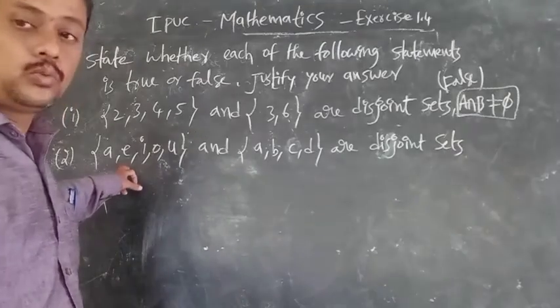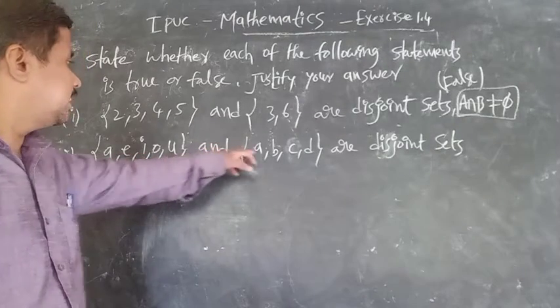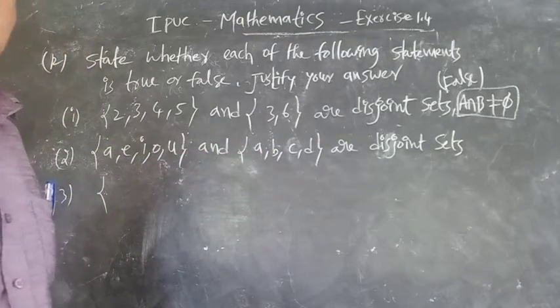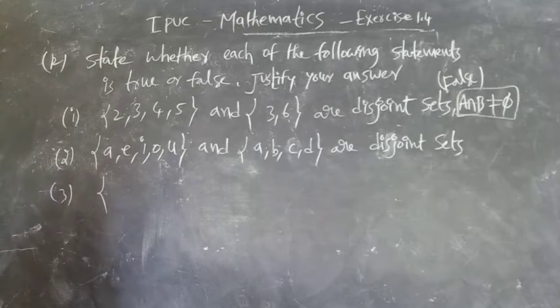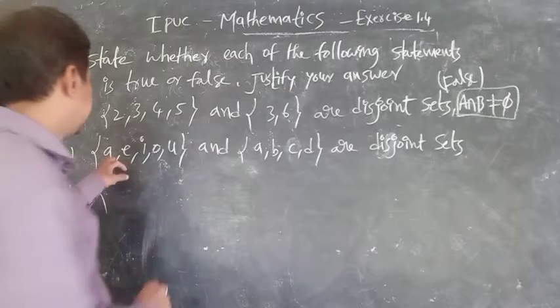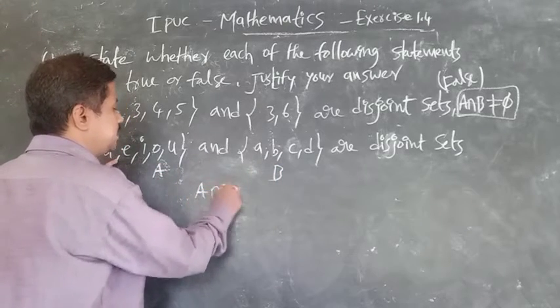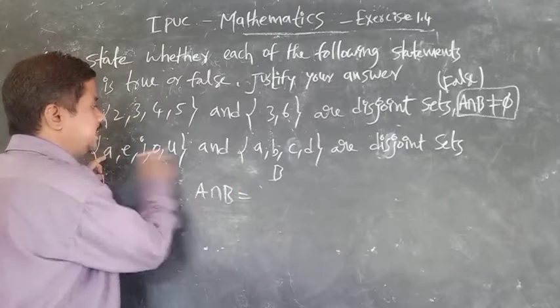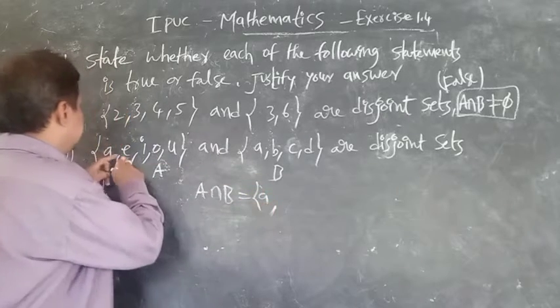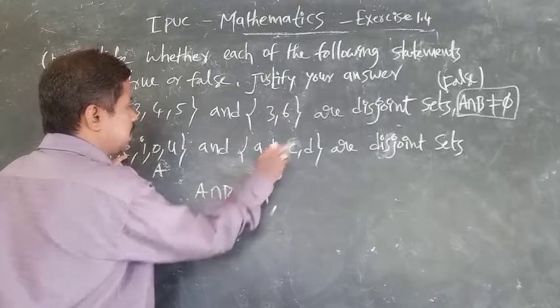Question number 2: {a, e, i, o, u} and {a, b, c} are disjoint sets. Again the same question. Disjoint sets is given. So here this is also false. Why? Let us consider this one A and this one B. Here A intersection B is equal to what? A is there, okay. {a, e, i, o, u}, not there.